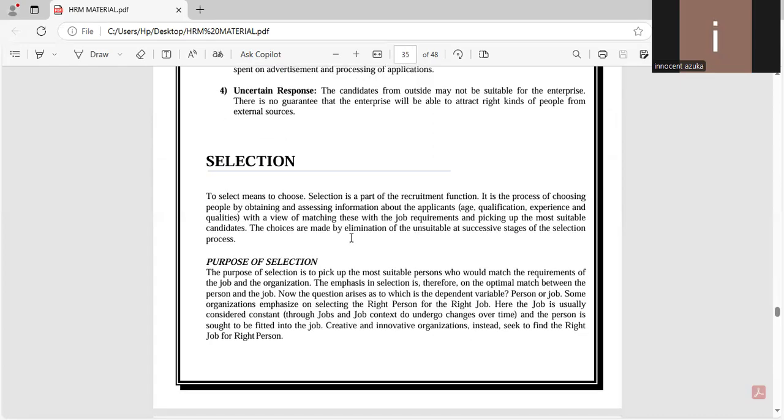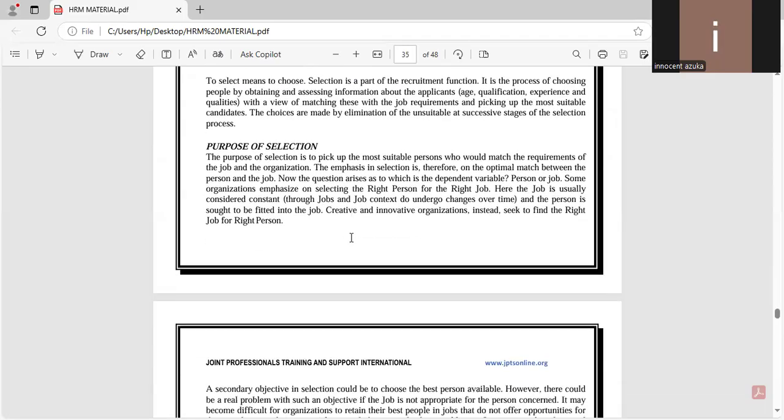The purpose of selection is to pick the most suitable person who matches the requirements of the organization.